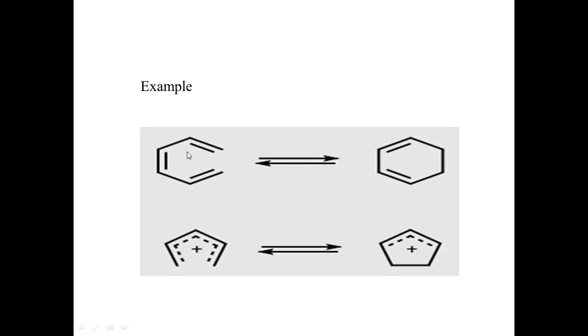Since the reactant is undergoing closure, the forward reaction is called electrocyclic ring closure, while this molecule is undergoing ring opening, so the backward is called electrocyclic ring opening. Very simple. The forward is called electrocyclic ring closure because it is undergoing closure. The backward is called electrocyclic ring opening. Both are electrocyclic reactions.